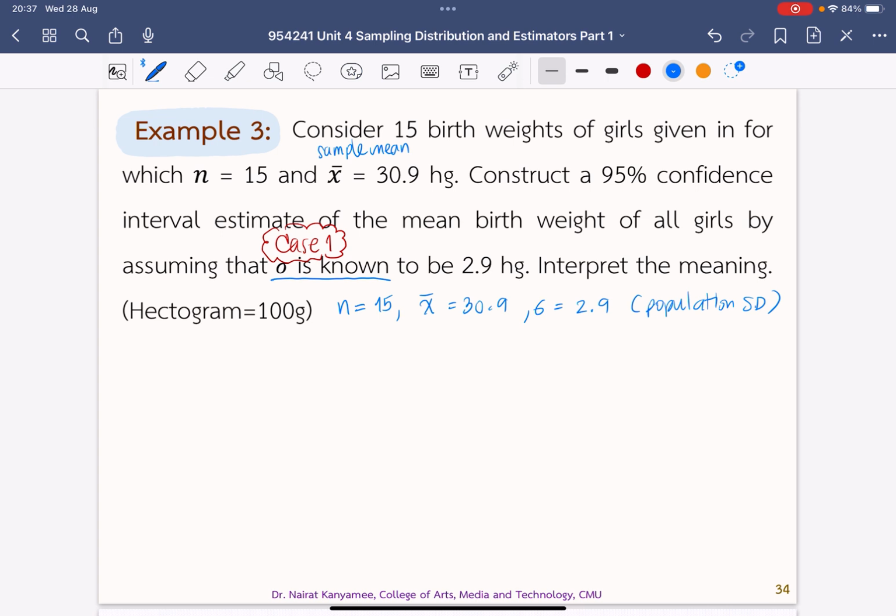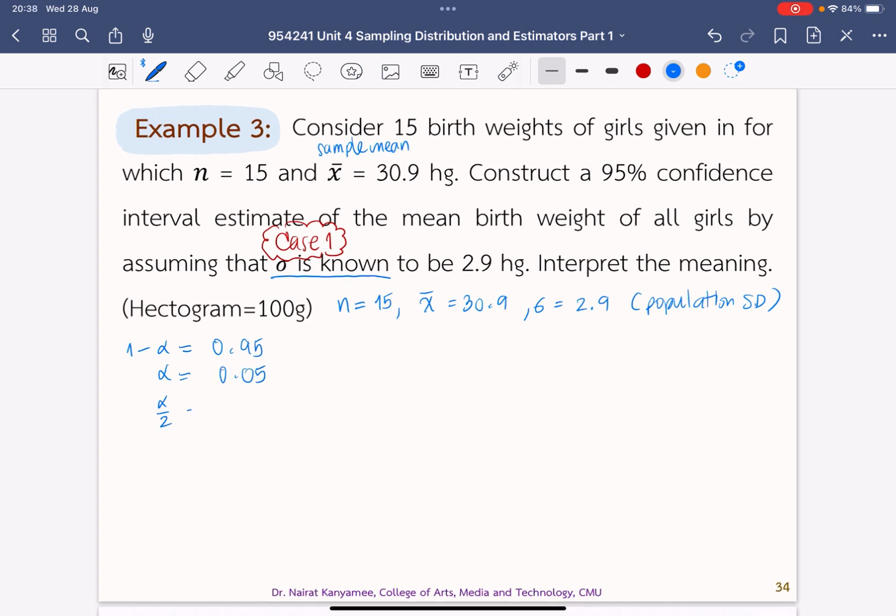So to find that z alpha over 2, just like what we did in example 1 and example 2. 1 minus alpha is 0.95, so alpha is going to be 0.05. Alpha over 2 is, we did this many times, 0.025.